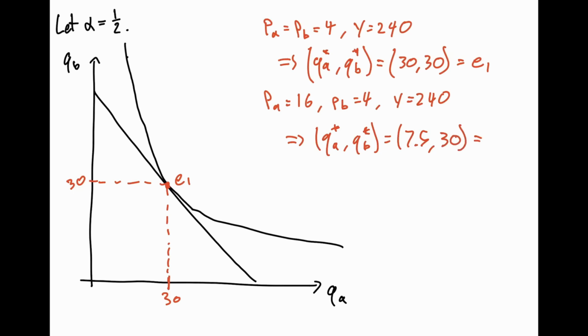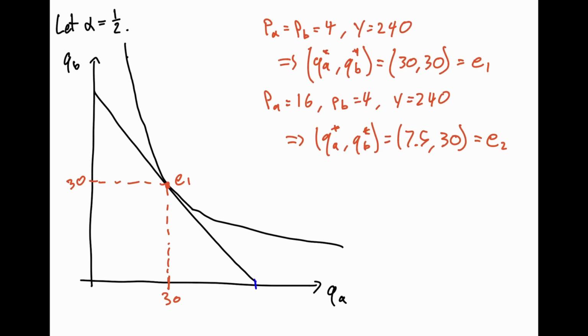And we'll call this E2. So what's happening here is we get a shift inward of the budget constraint.